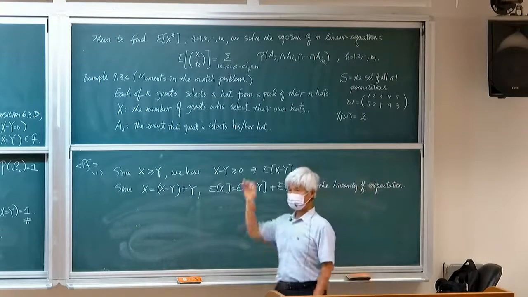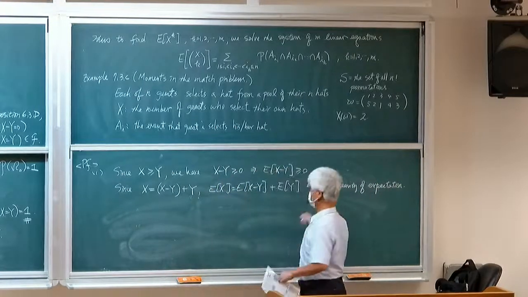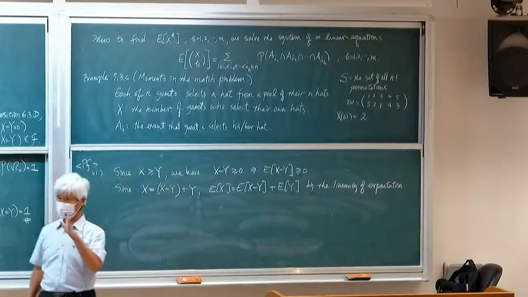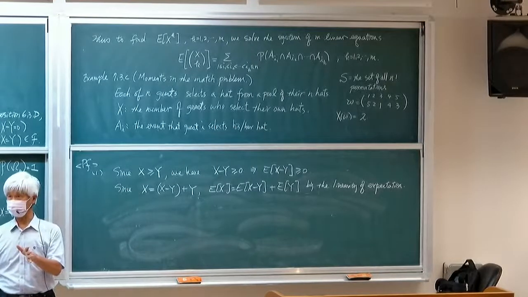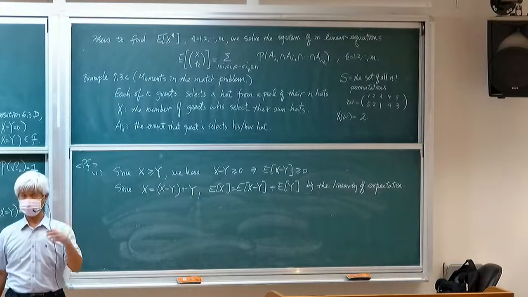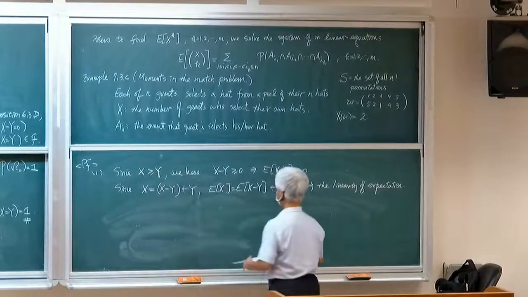Okay. So in a remark last Thursday, there are two versions of linearity, right? One is for non-negative random variables. The other is for general random variables with finite expectation. All right.